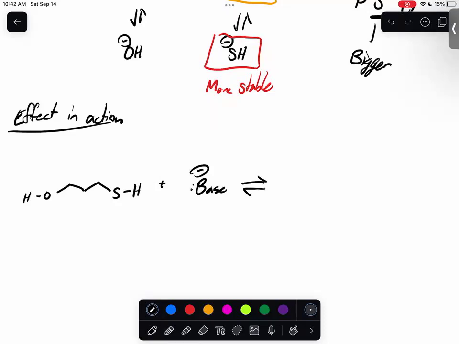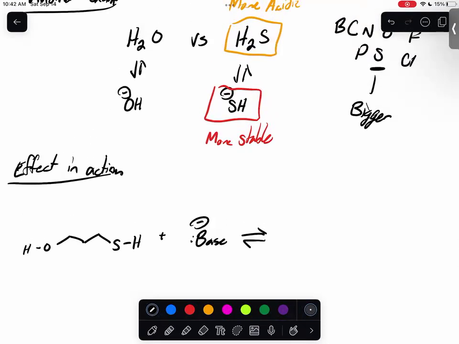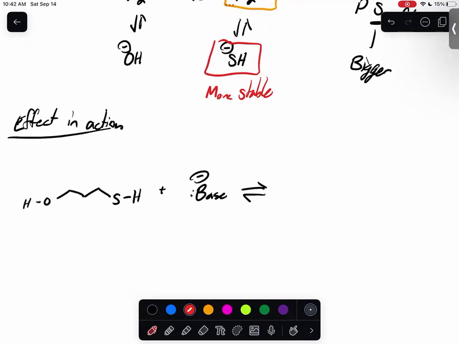What we have to determine is which one of those protons is going to be more acidic. And just like we saw up here, if sulfur with a negative charge is more stable than oxygen with a negative charge, that means it's going to be more acidic. So on this molecule, this right here is our most acidic proton.